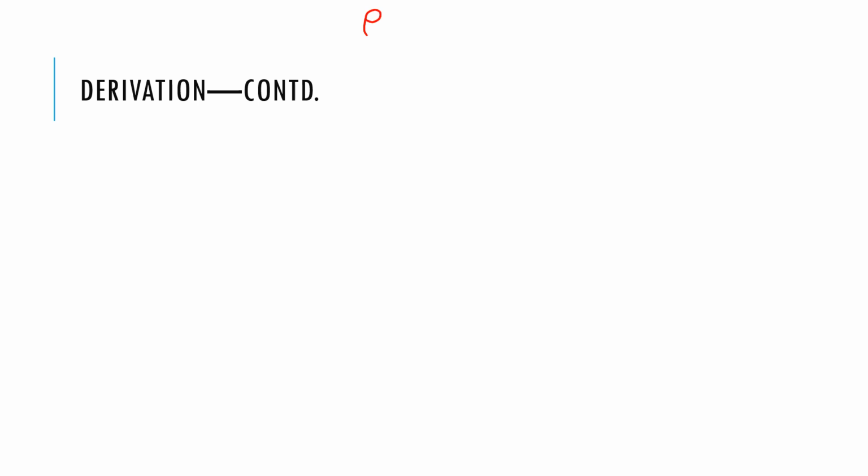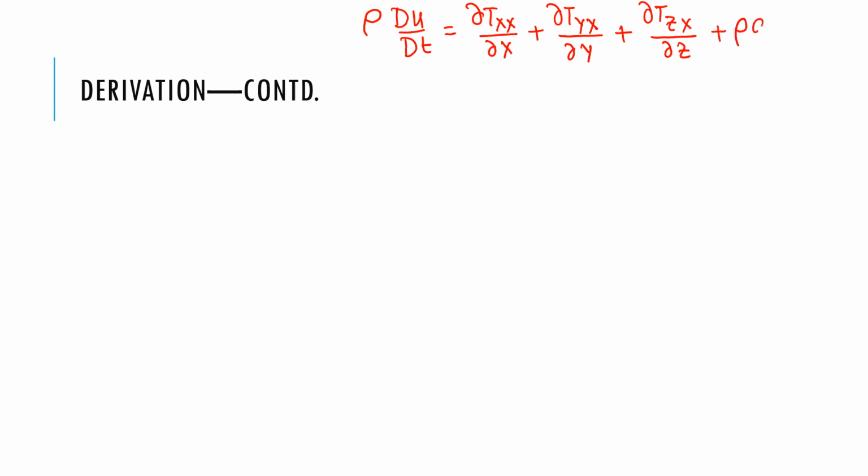The equation then again, rho Du/Dt is equal to Fs, the surface forces, which is ∂Txx/∂x plus ∂Tyx/∂y plus ∂Tzx/∂z plus body force, which is rho times gx.